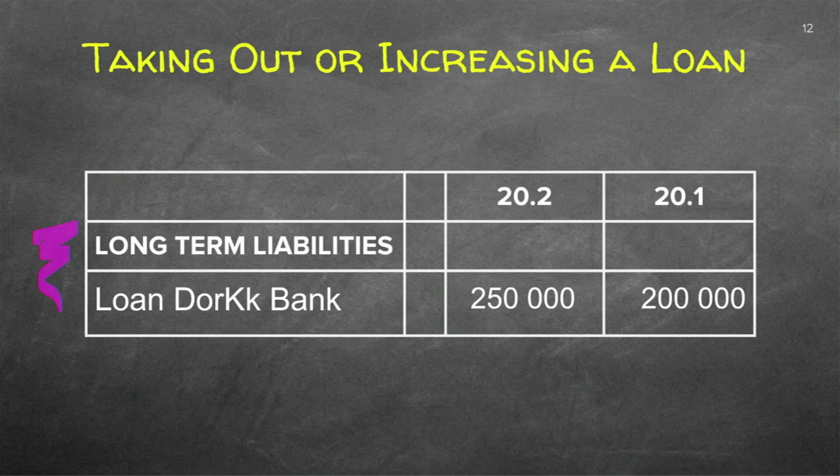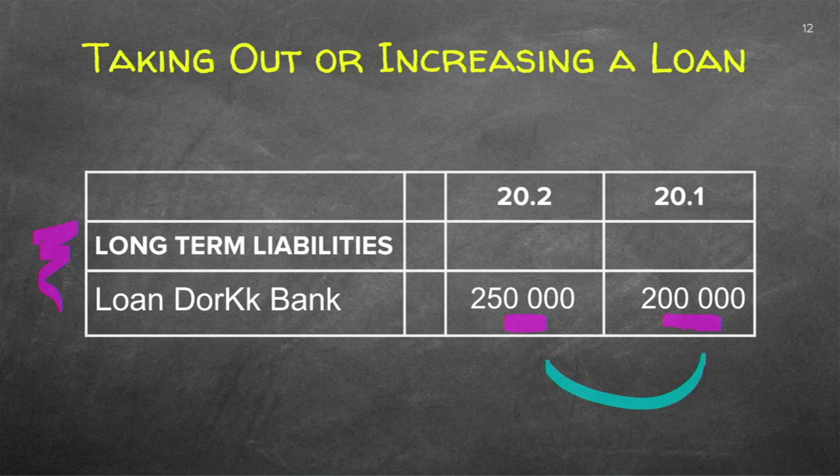Here we have a loan from dorKk, and at the beginning of the year, it was 200,000. At the end of the year, it is 250,000 Rand. Obviously, if I subtract the 200,000 from the 250,000, there's a difference of 50,000.